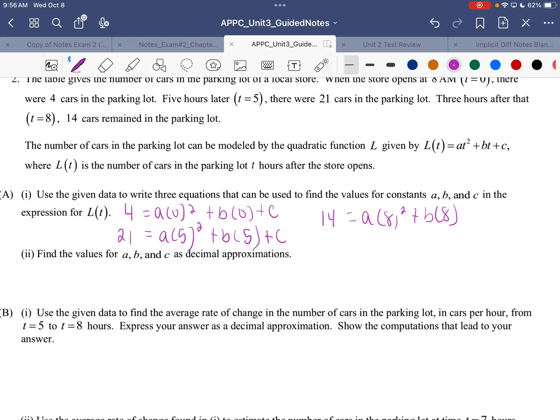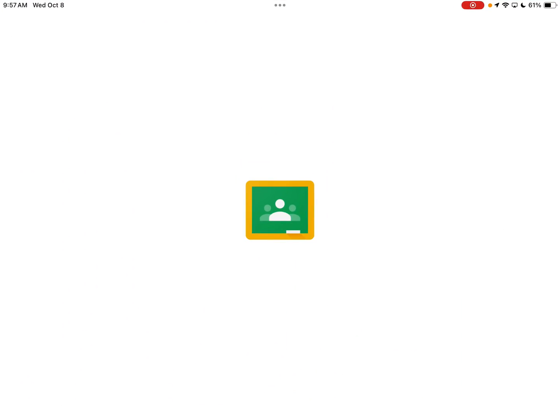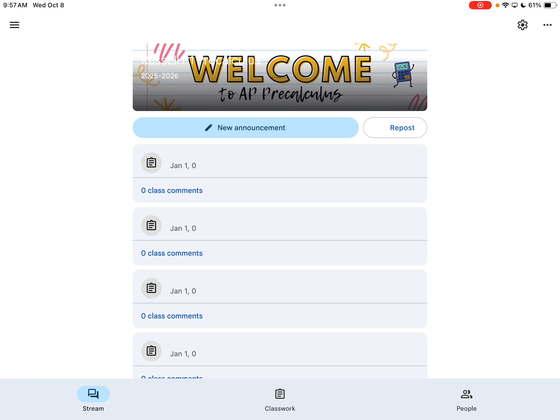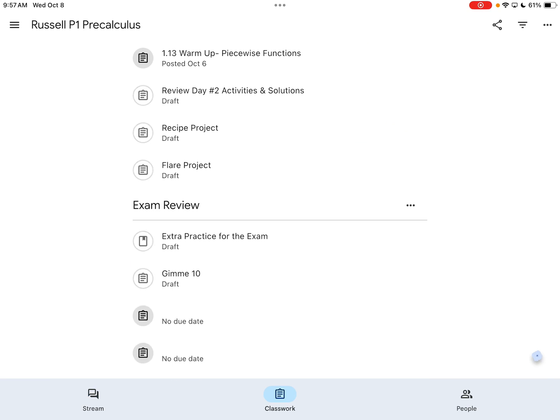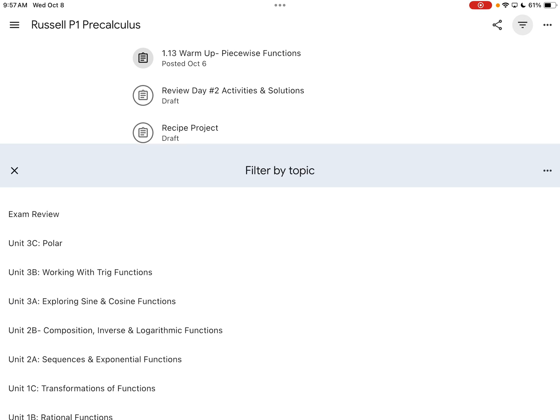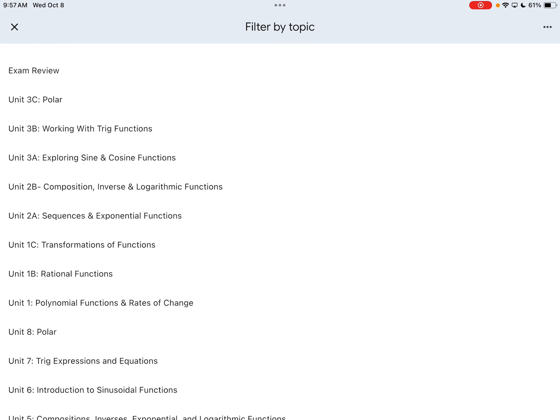Oh, this is a different stuff. Attempt to... That's a quadratic. Yeah.